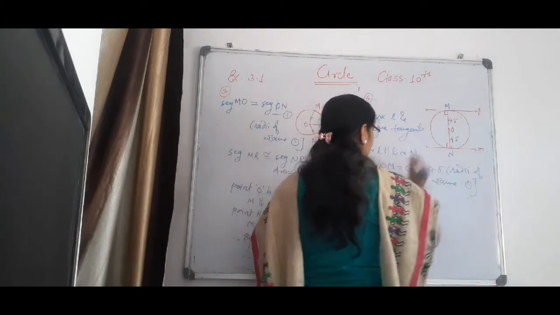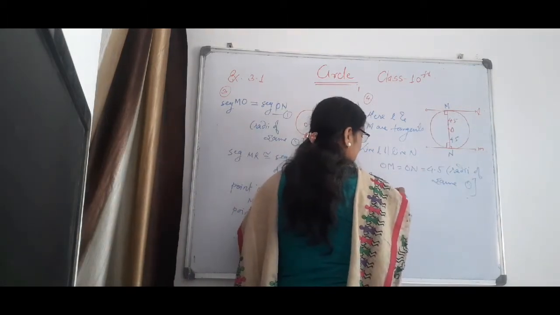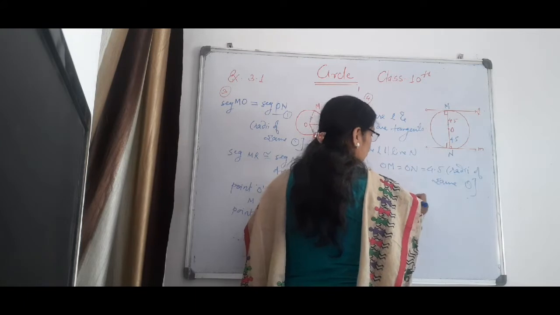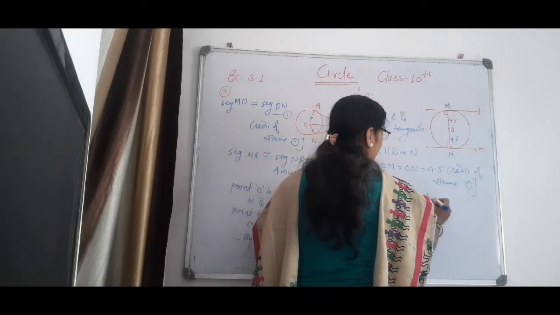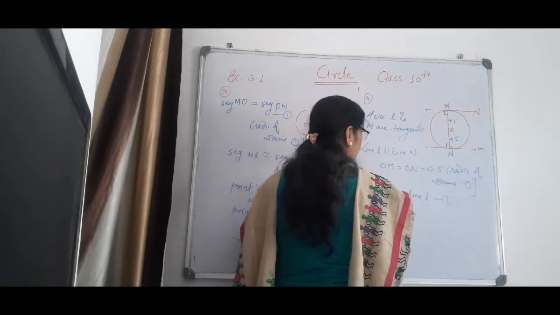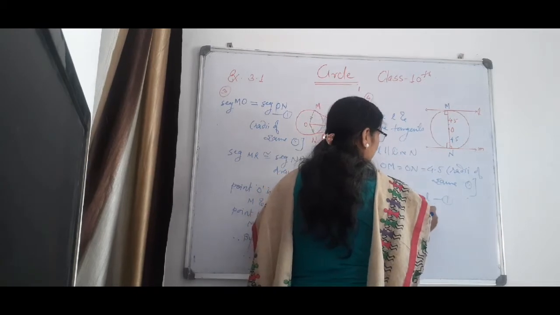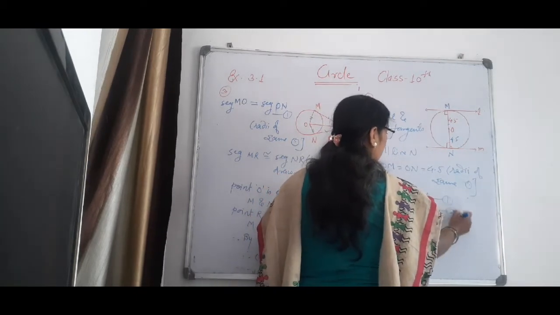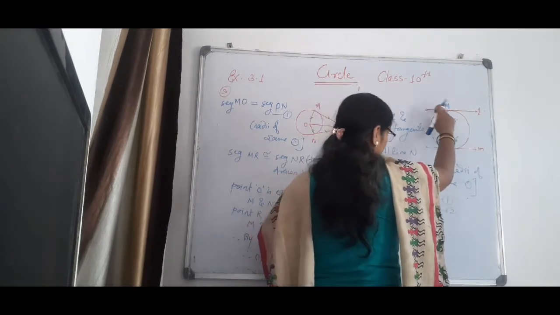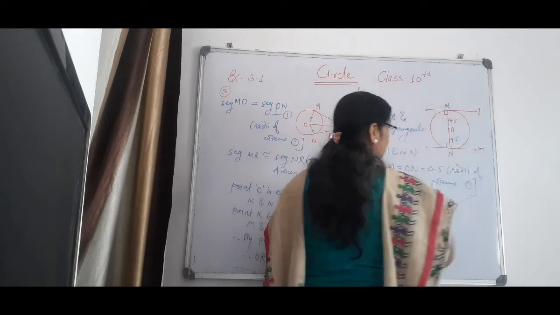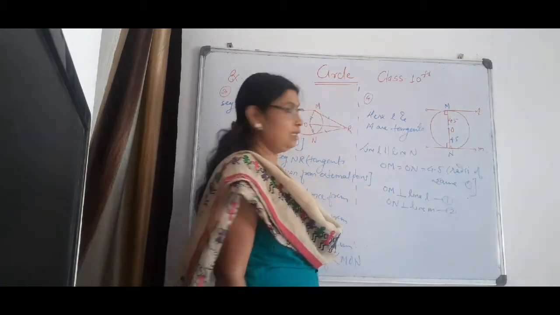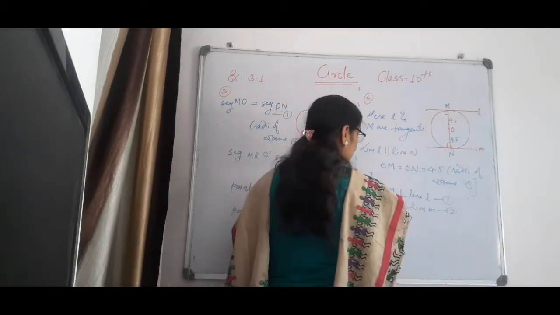Now radius is always perpendicular to tangent. OM is perpendicular to line L and ON is perpendicular to line M. If it is perpendicular, then perpendicular distances are always equal.